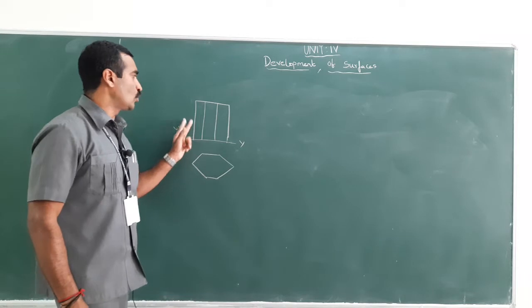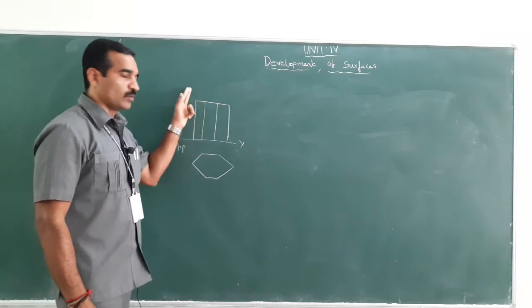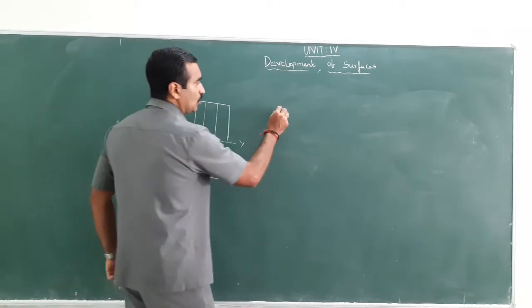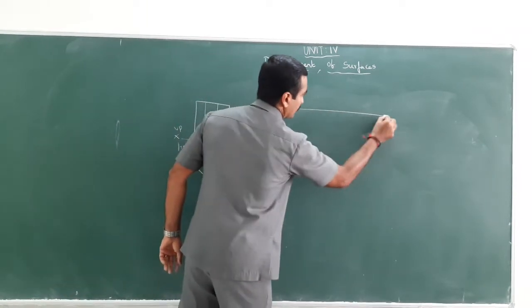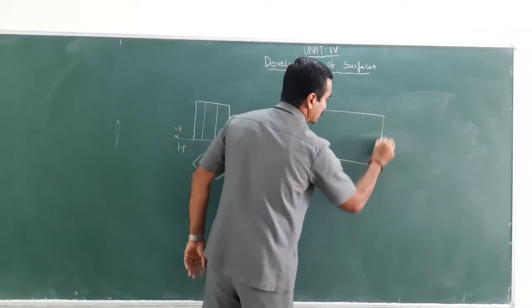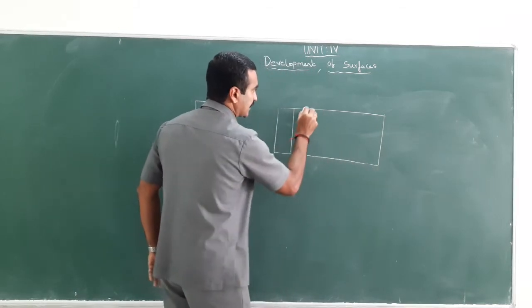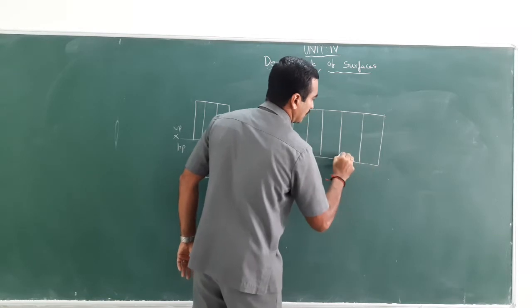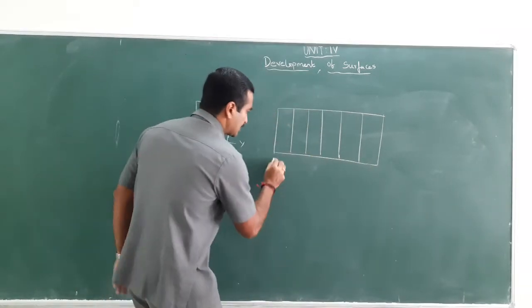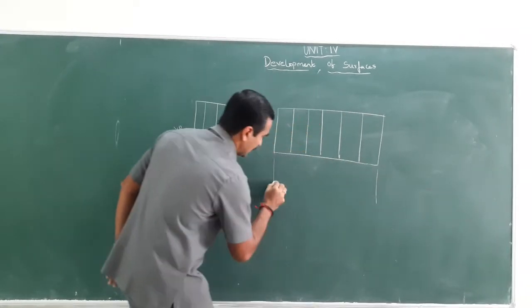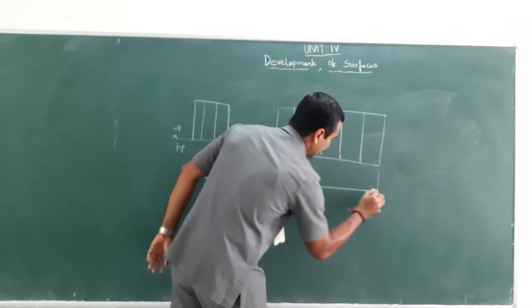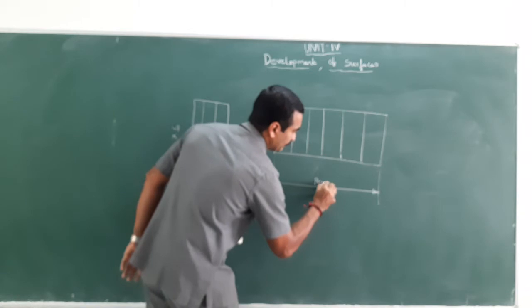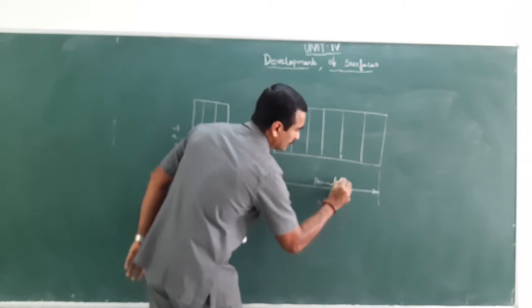When you cut open one of the long edges and stretch it out, it will look like this, with 6 rectangular faces. This distance could be the perimeter of the hexagon.